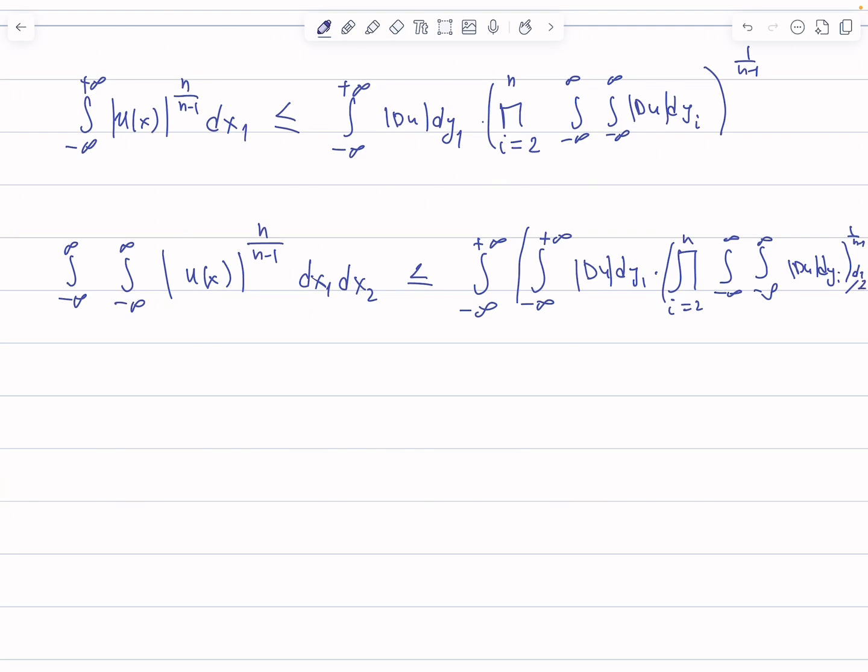We are taking the integral with respect to x2.